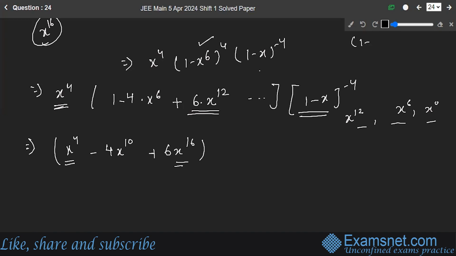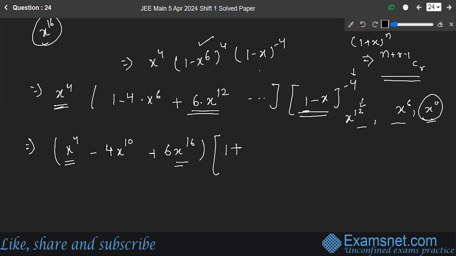In the expansion of (1 minus x) to power minus n, you know the general term is n plus r minus 1 C r. So I want r to be 12 over here. Because I'm interested in the coefficient of x power 0, x power 0 is this 1 only, so this 1 will come over here.